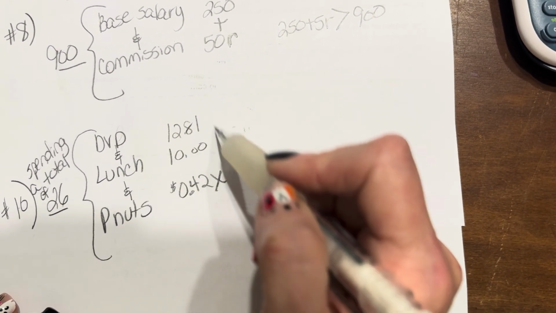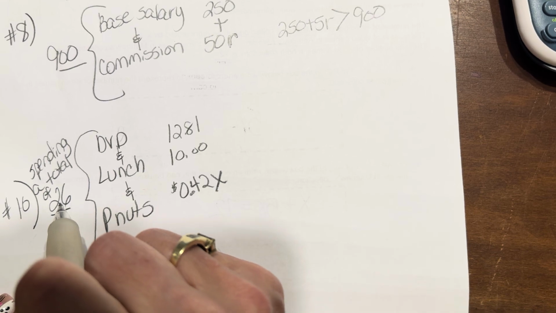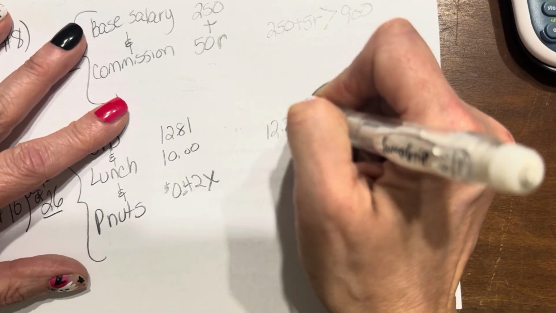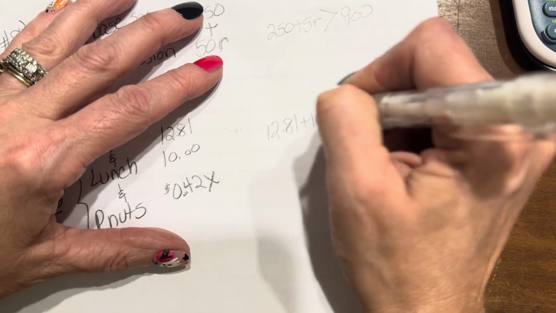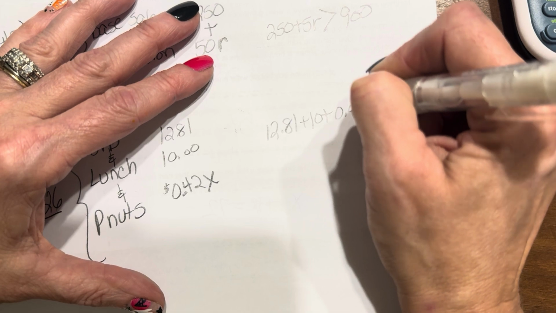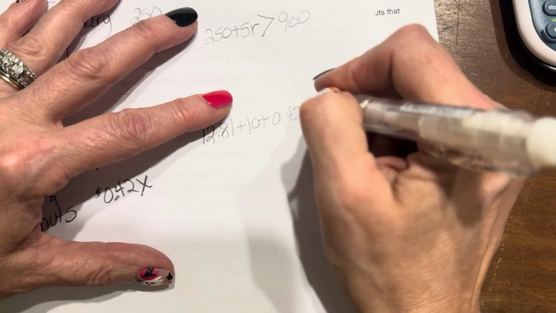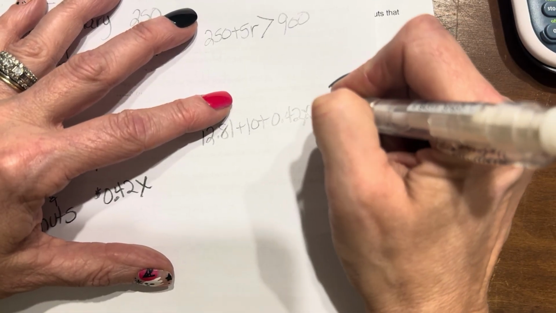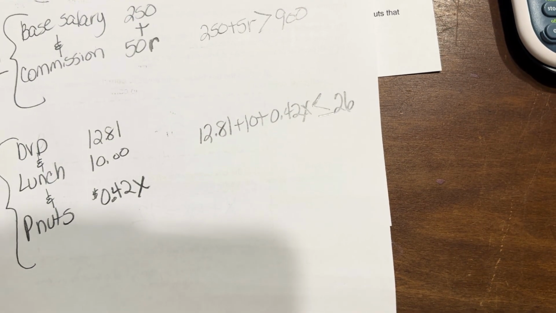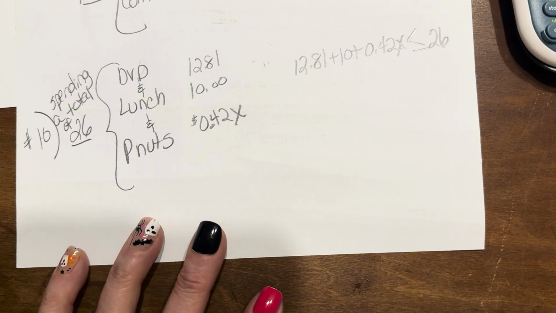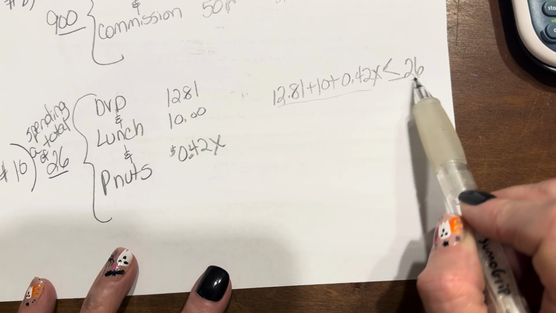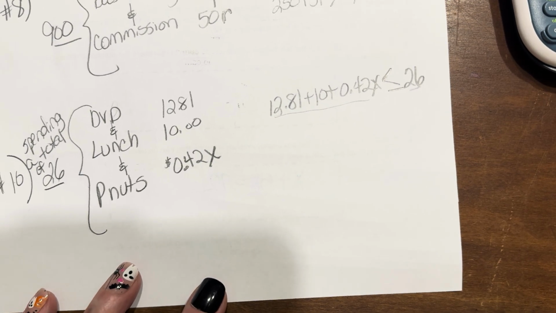And we need all of this to be less than this because that's all he's got to spend. So $12.81 plus $10 plus the 42 cents X all has to be less than or equal to $26. So he can spend all $26, but that's all he can spend.